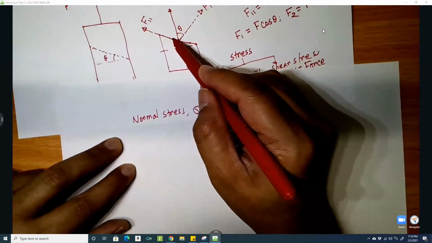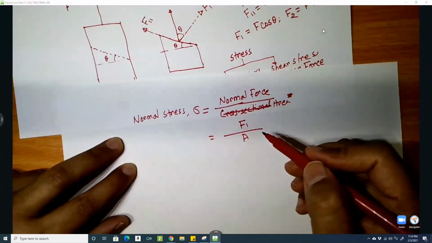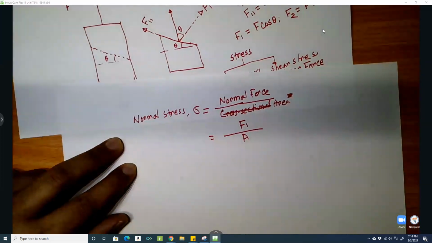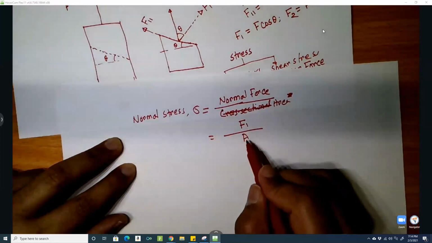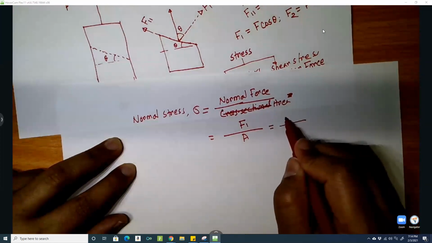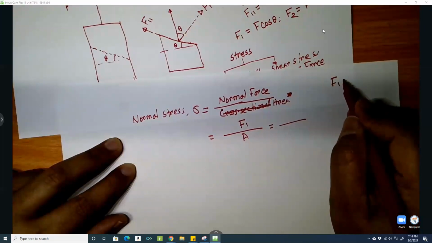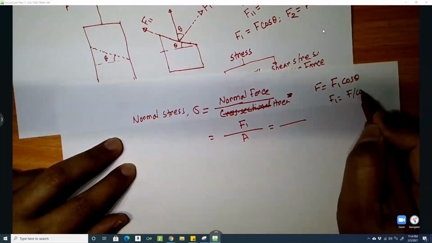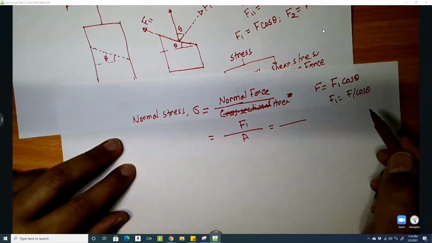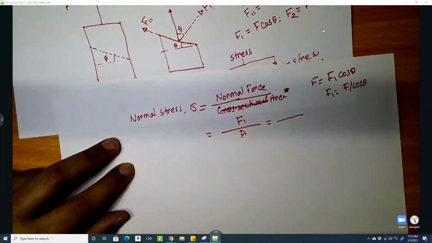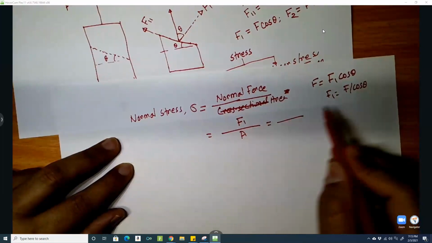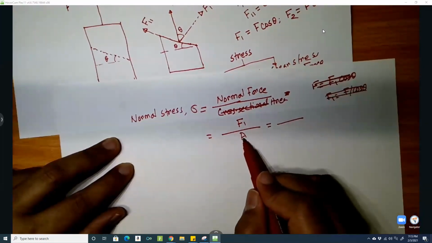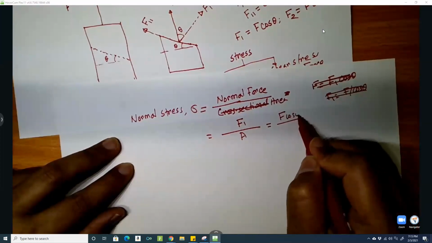This is my area, I call this area A. Now normal force F1 by A. So F1 is F cosine theta. So F1 by A is F cosine theta by A.